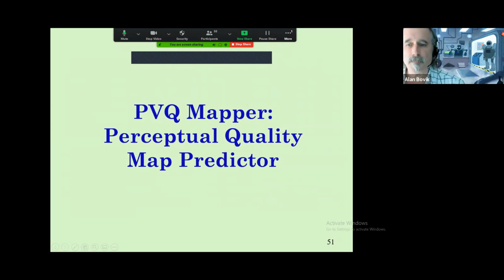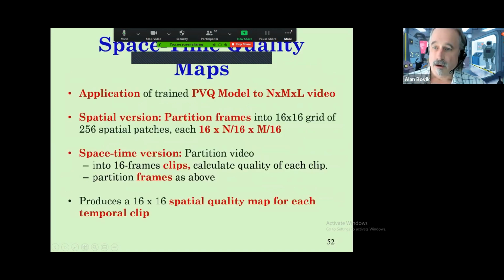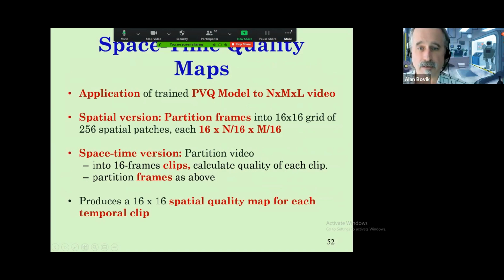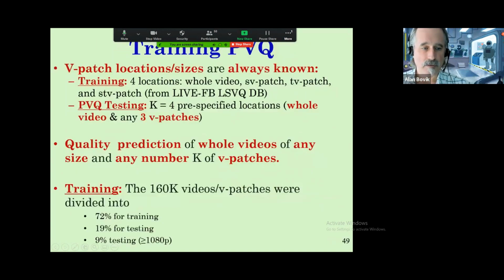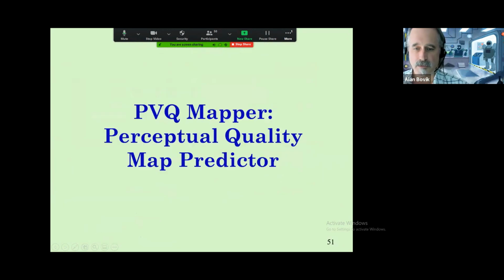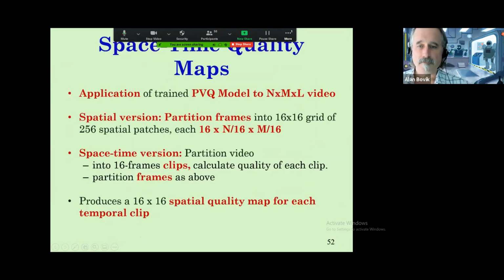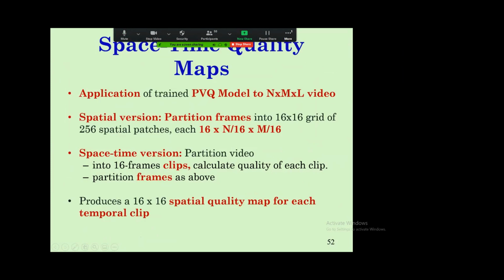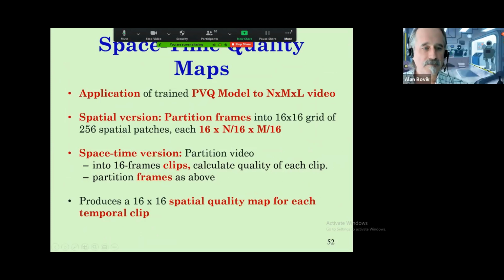The way we also applied this was to create a perceptual quality map predictor. All we do is, like I said, back here I said you can predict any number of patches. Okay, so we do that. We break our video by partitioning the frames into a grid of patches. We partition frames into a grid of patches.